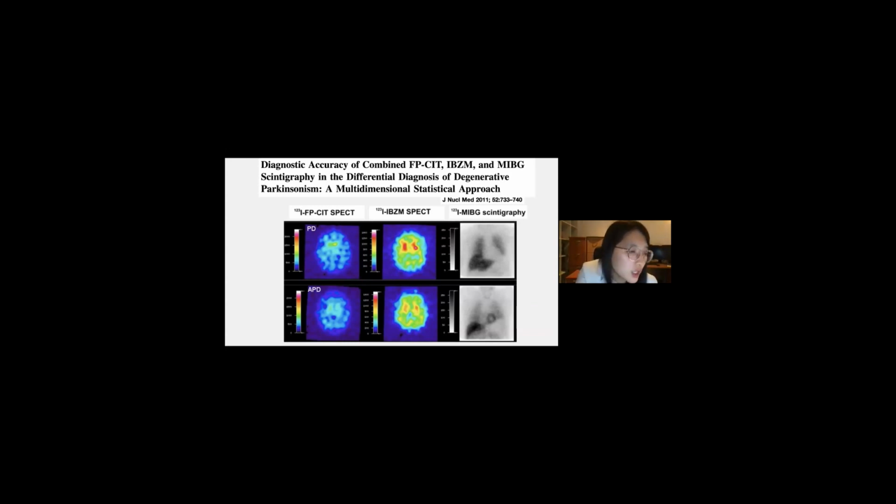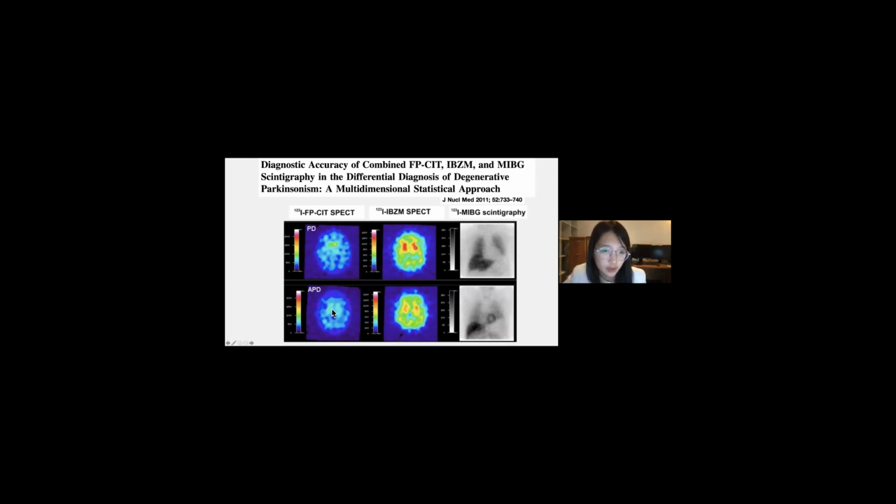So the combination of pre- and post-synaptic nigrostriatal neuronal degeneration and sympathetic cardiac innervation, using FP-CIT for presynaptic dopamine transporter, IBZM for postsynaptic dopamine receptor, and MIBG, can help the differential diagnosis of PD and atypical Parkinsonism. In the data, there was decreased presynaptic FP-CIT binding in both PD and atypical Parkinsonism.